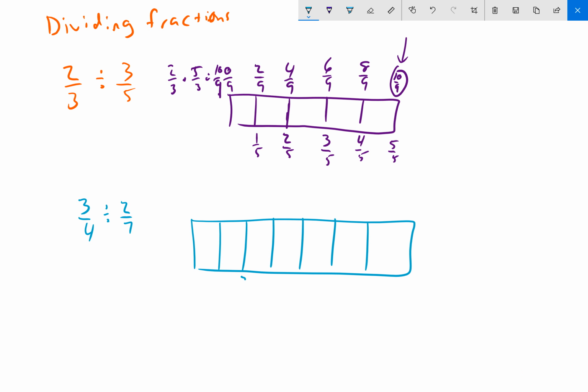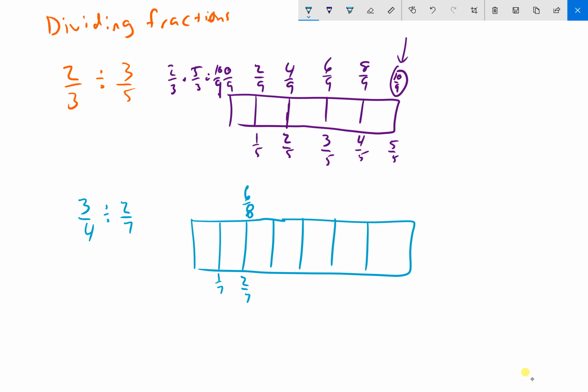All right. So I have 3/4 divided by 2/7. Now, once again, I'll multiply by 2 over 2. That gives me 6/8. So I'm going to just erase this and make it 6/8. Well, this would be 1/7.